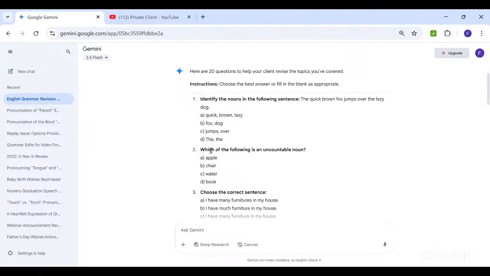Good. The second one says, which of the following is an uncountable noun? Water. Yes, we cannot count water. When we use uncountable nouns in a sentence, is it a singular verb or plural verb we use with it? A singular verb.